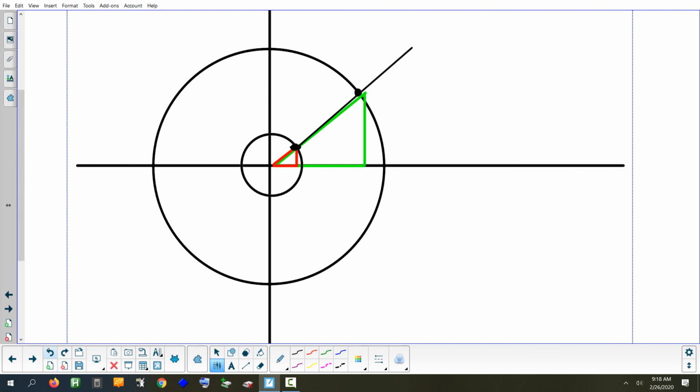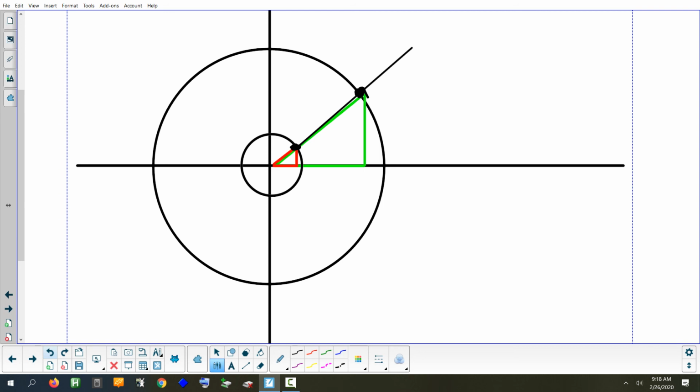Now, if you look at the green triangle and the red triangle, they're similar. Similar means one of them is just an enlargement of the other. They're not congruent because they're not exactly the same size, but they're similar. So the idea here is if you can figure out this coordinate, you can still do it the same way we've been doing it because these two triangles are similar.